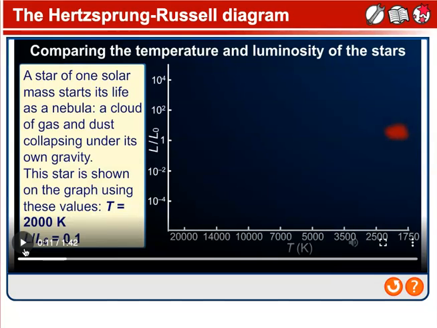A star of one solar mass starts its life as a nebula, a cloud of gas and dust, collapsing under its own gravity. This star is shown on the graph using these values. T equals 2000 Kelvin.